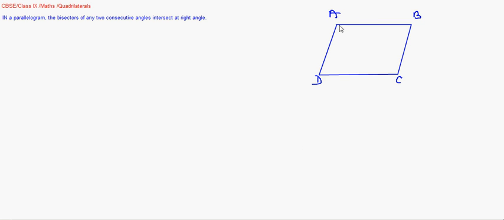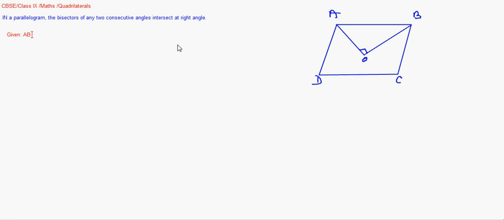Let us draw the bisector of angle A. I'll make the bisector of angle B meet it at this point which we name as O. We have to show that this angle AOB is right angle. So let's write what is given to us.